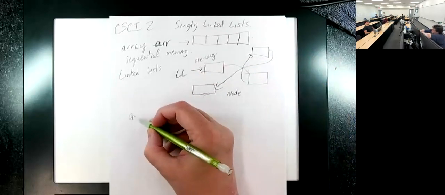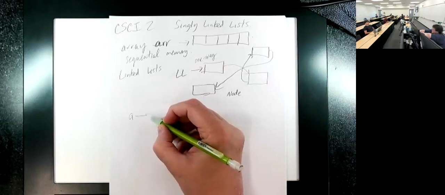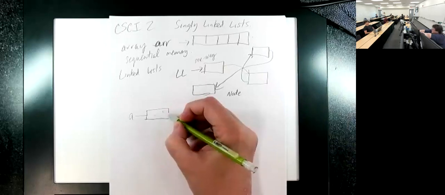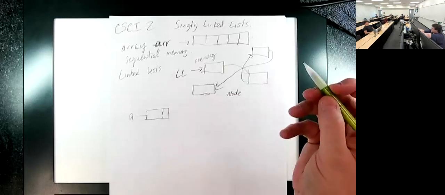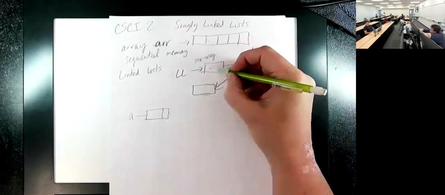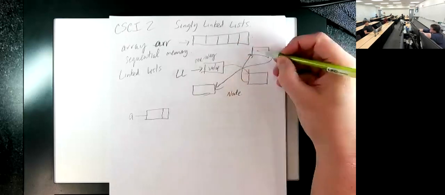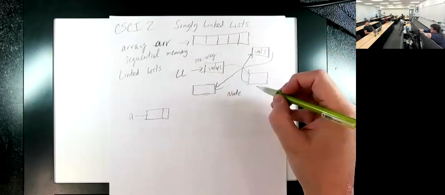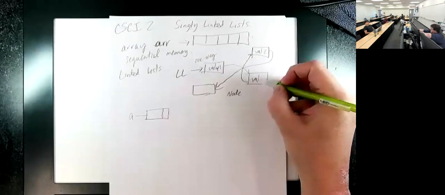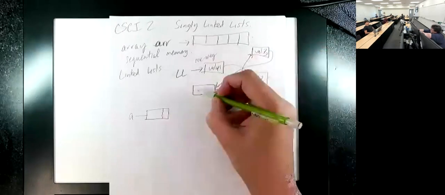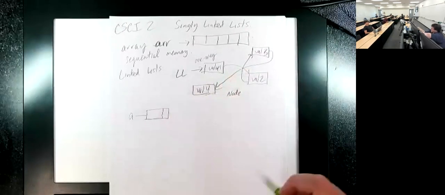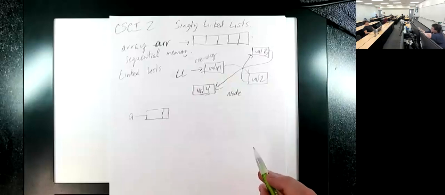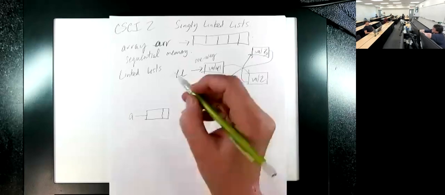To start off, what we're really going for is something that looks like this. It has to store two things. It has to store the value in each of the boxes: value 1, value 2, value 3, and value 4. And it needs to store information about where the next box, the next node, is.